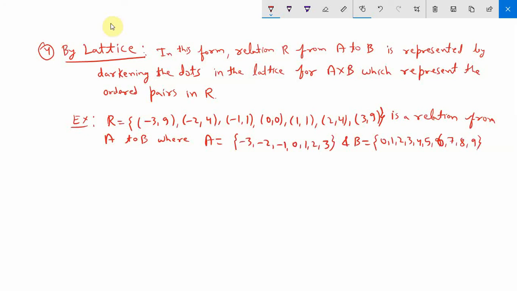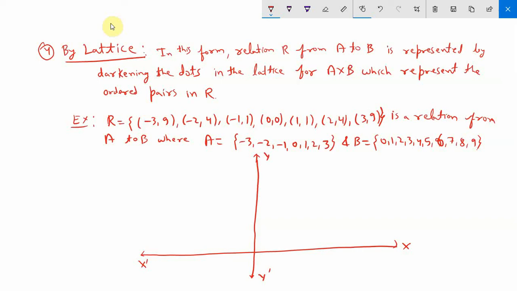Okay, so R can be represented in the form of a lattice. As we have seen in the graphical representation of Cartesian sets, we will draw set A on the horizontal line and set B on the vertical line, y and y dash.